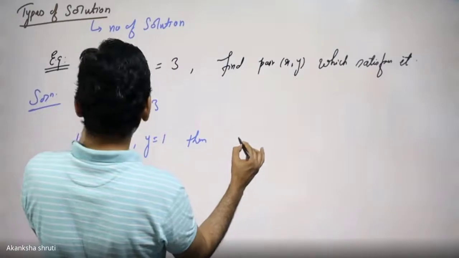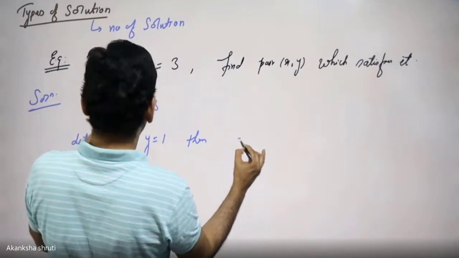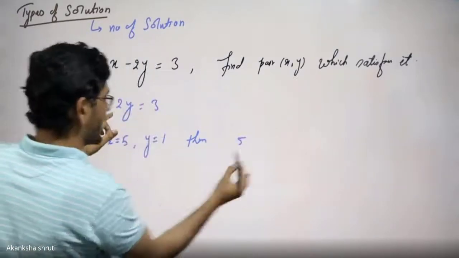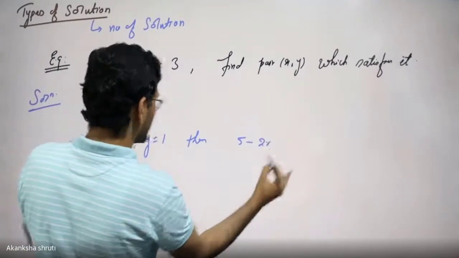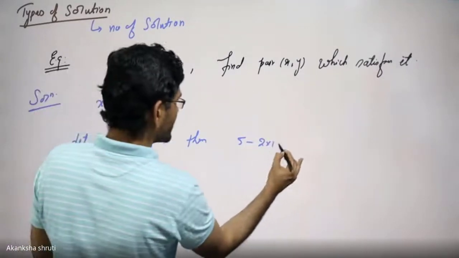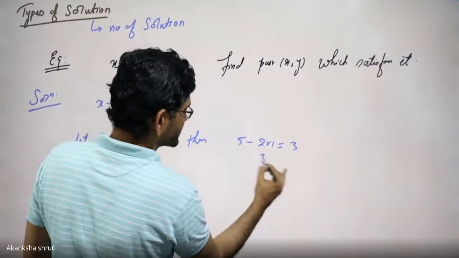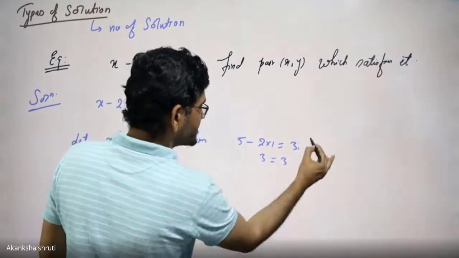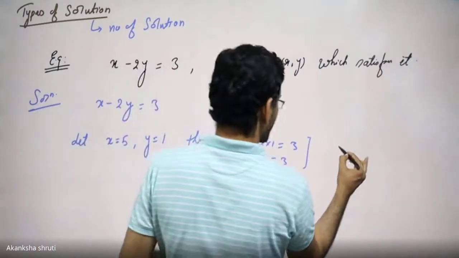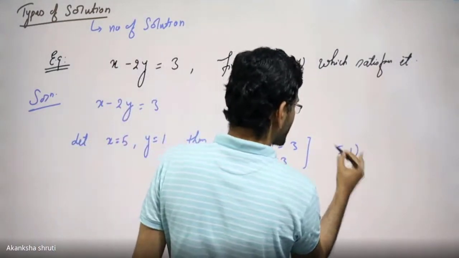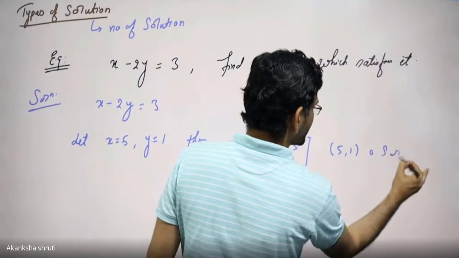Students, our LHS is x minus 2y, so it becomes 5 minus 2 into y, which is our 1, is equal to 3. The LHS is 5 minus 2, which is 3, equal to 3. This simply means our 5 and 1 is a solution.